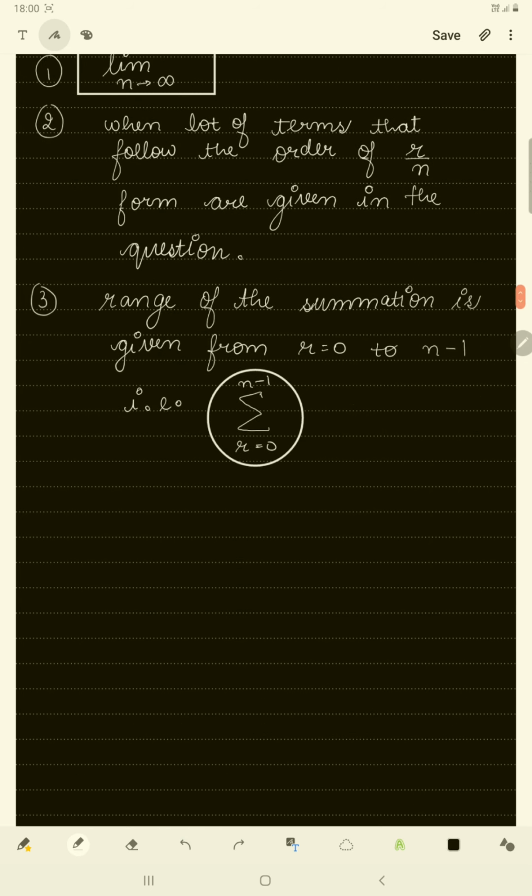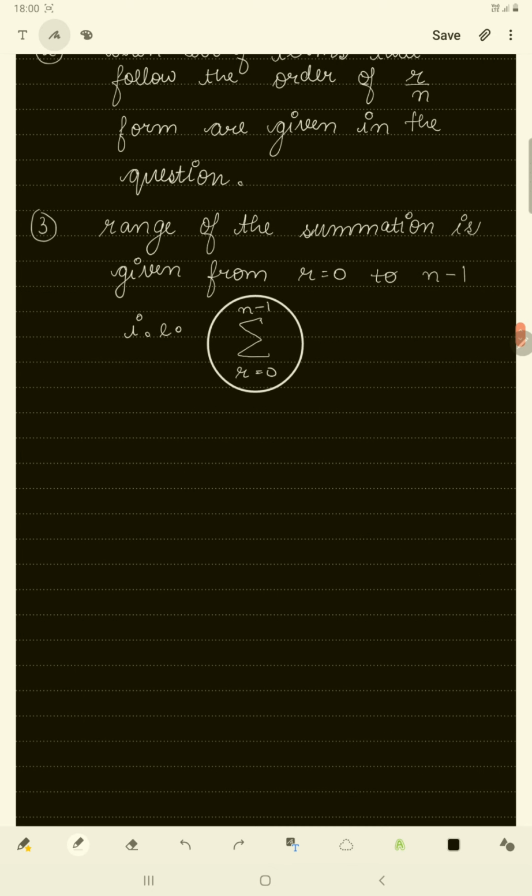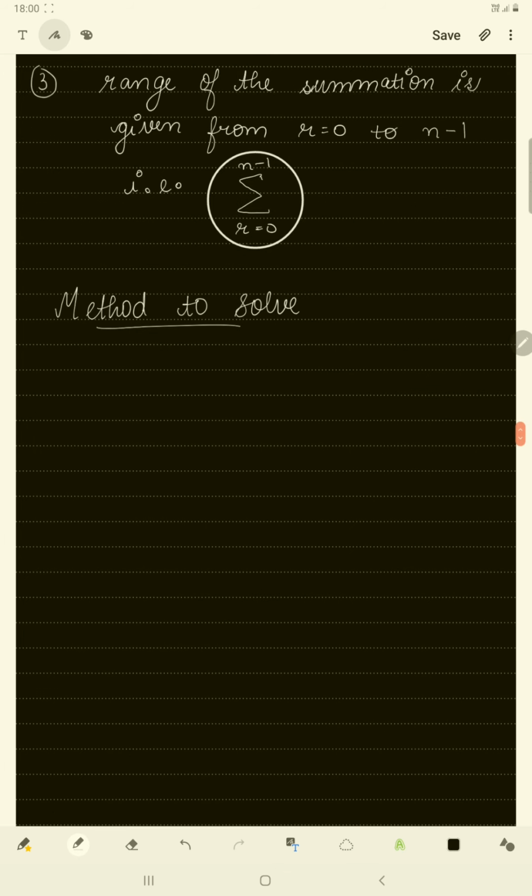Now I will explain this formula to you. Let me first write the method to solve. Let me rewrite the formula which I have written on the top.